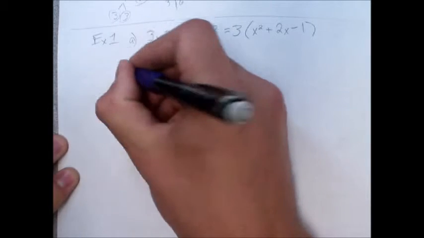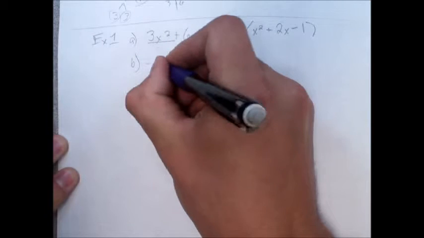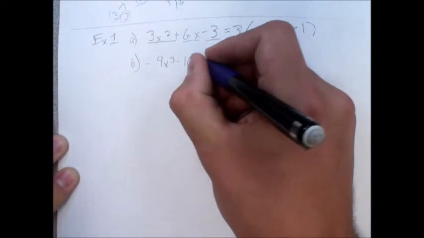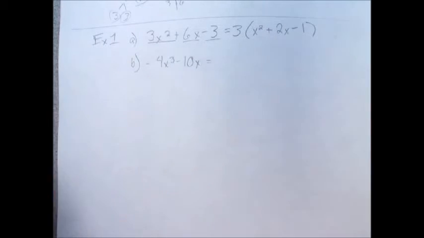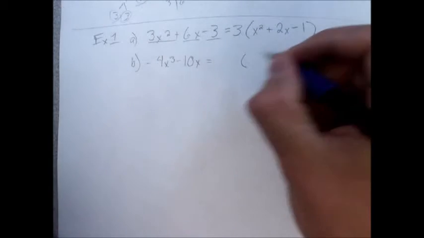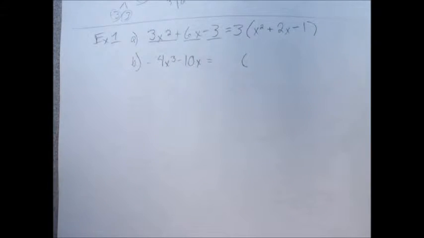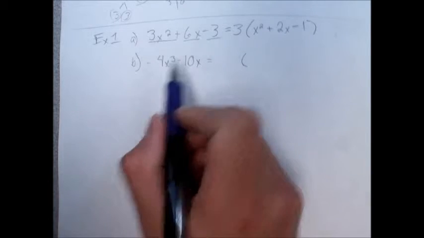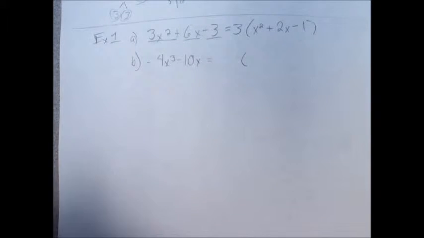Example B, negative 4x to the third minus 10x. Now this one has a less common greatest common factor, but it does have a common factor. And I would advise you that if both or all the terms are negative, to pull out that negative. It will make your life easier in the end.